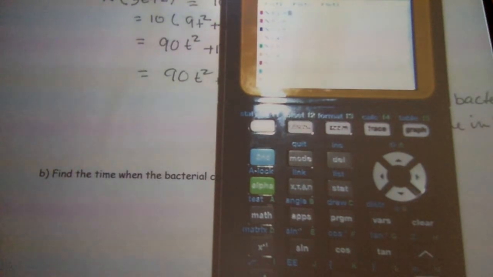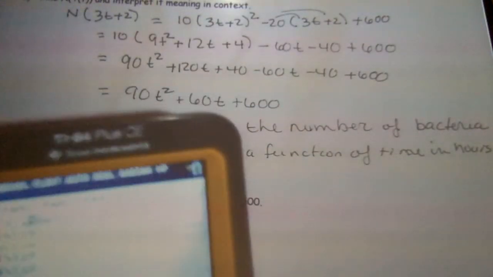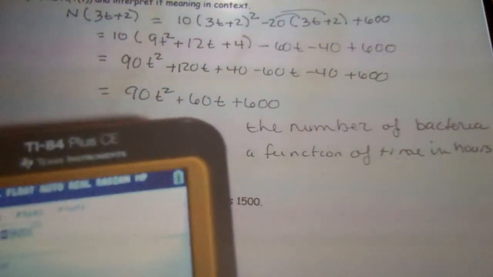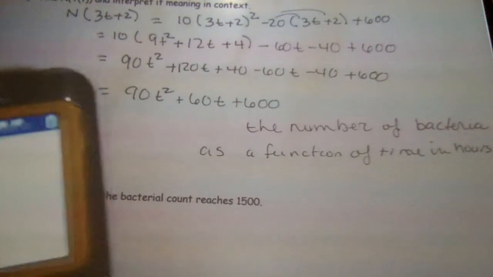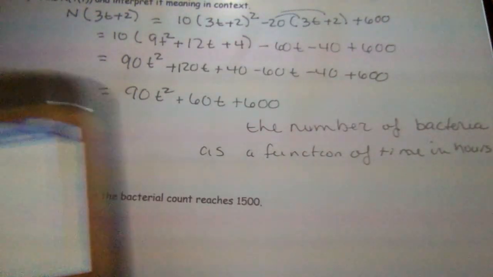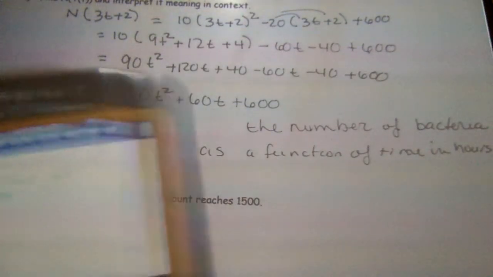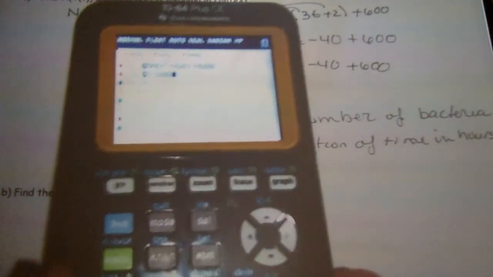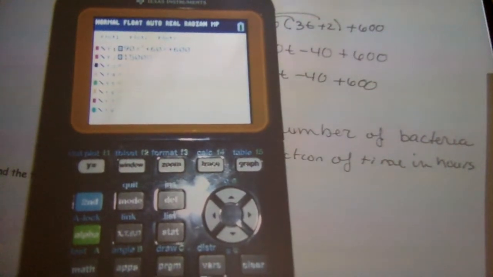And we're going to plug in our function, which is going to be 90t squared. In this case, we're going to have to use x squared. Plus 60x plus 600, and then we're going to have to put in y2 is 1500.